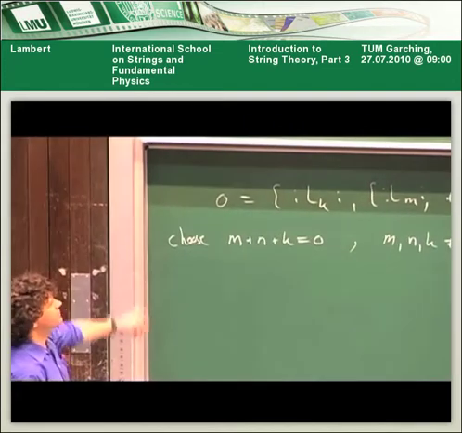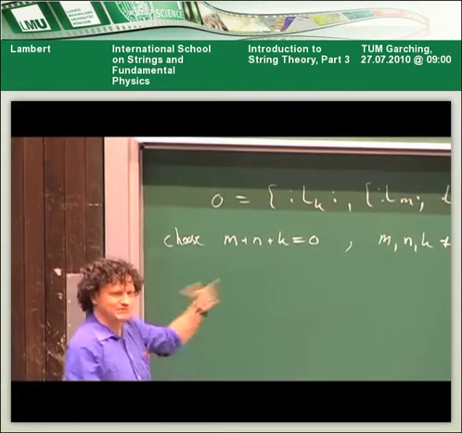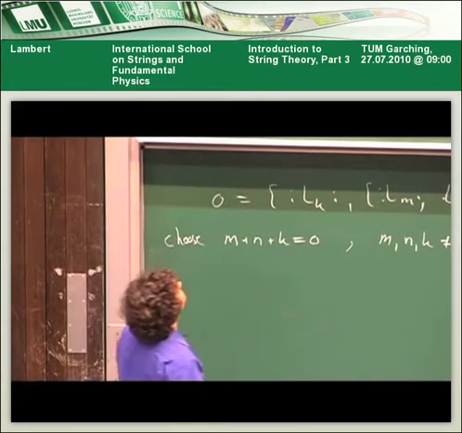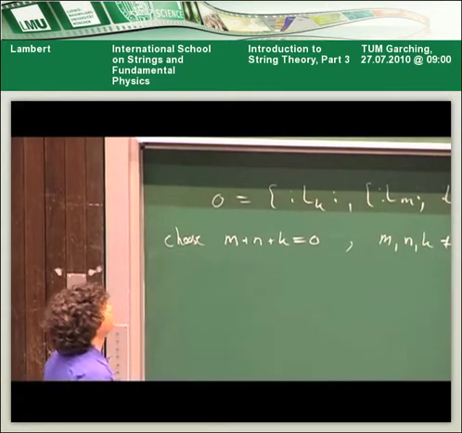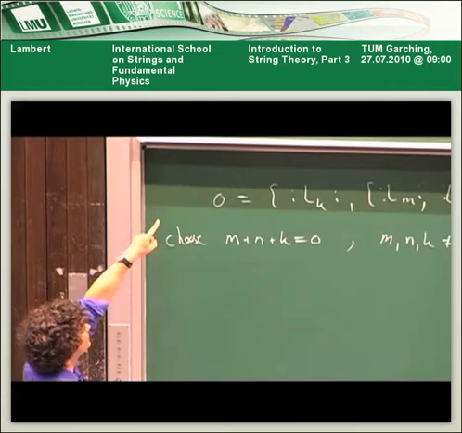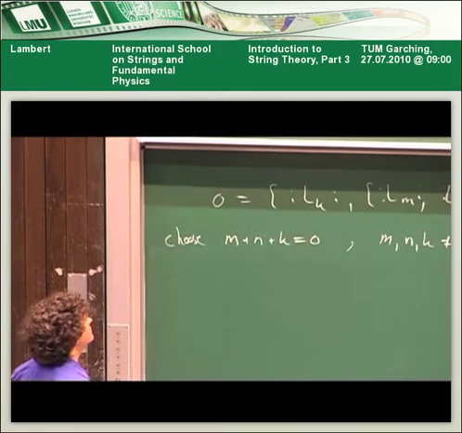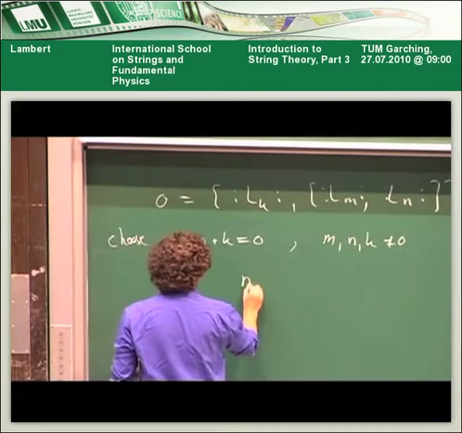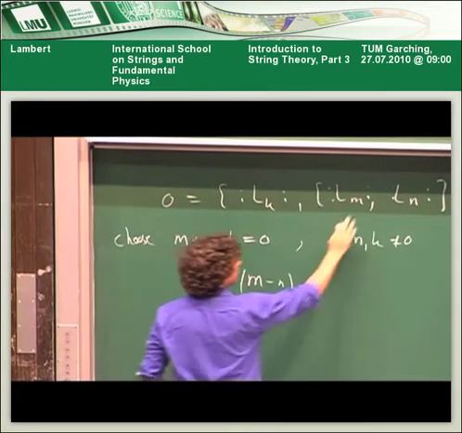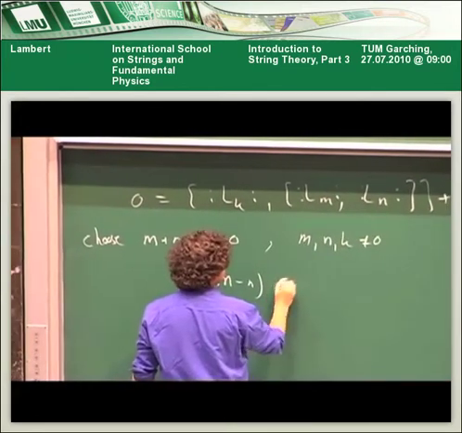On the other hand, it does contribute in the second one because I have chosen all 3 to sum up to 0. So when I do this, I expand and I get a whole bunch of stuff that's proportional to the first term, then a whole bunch of stuff proportional to the second term. And it's the second term that we want. If you evaluate, you get m minus n from here times C of k.